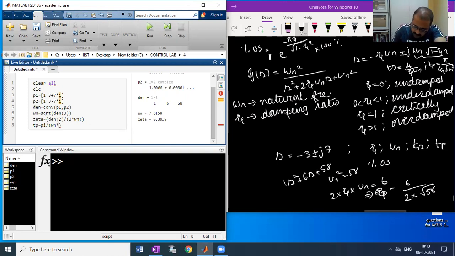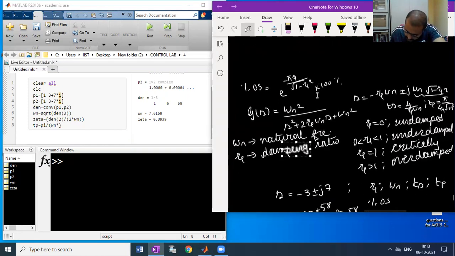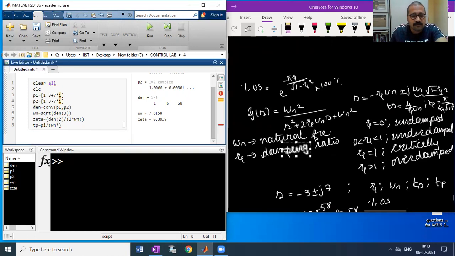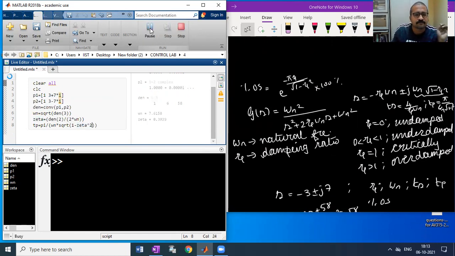TP we had already seen: pi by omega n root of 1 minus zeta square. That will be the peak time. So it will be 0.4488 seconds.